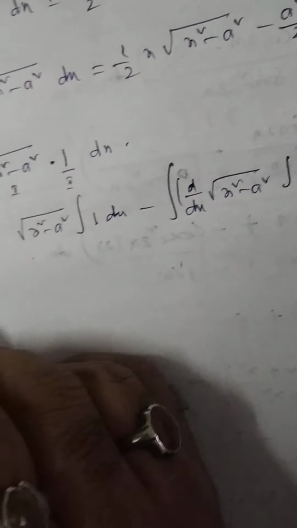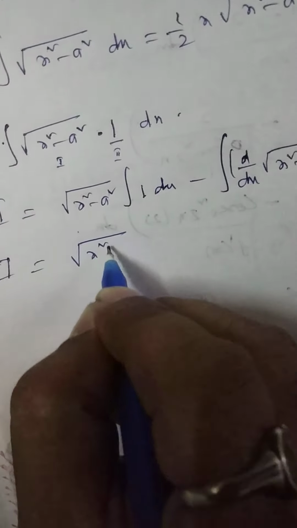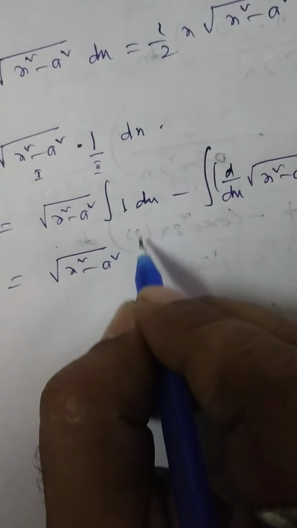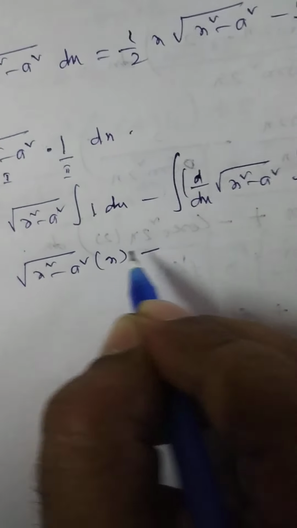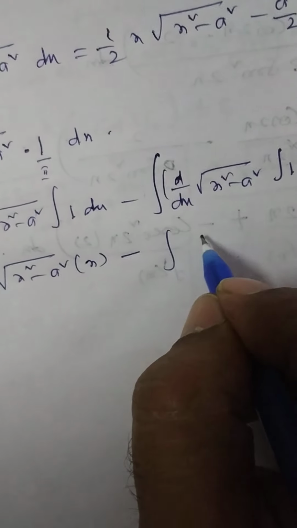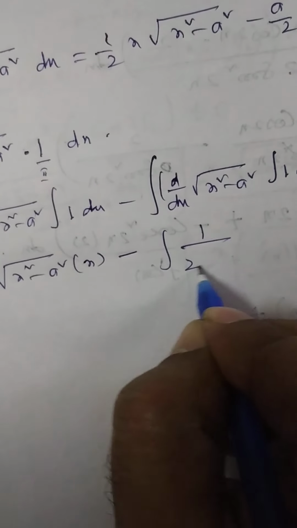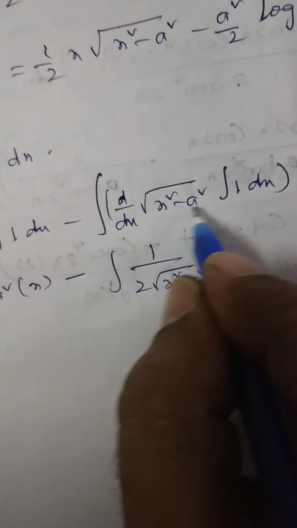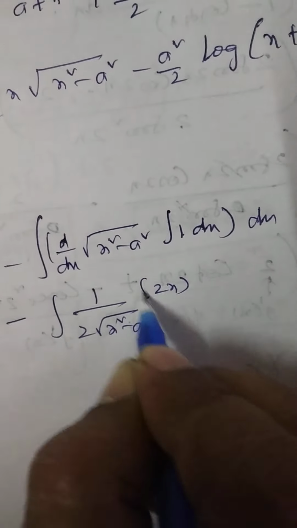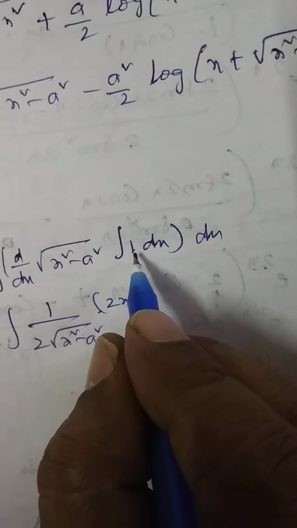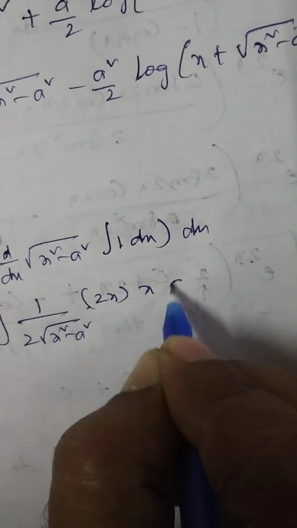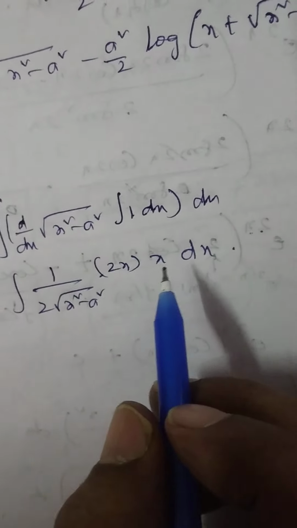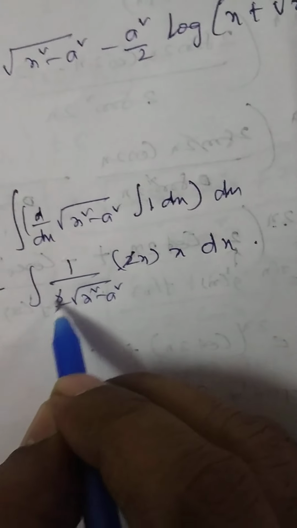So I is equal to root of x square minus a square into integration of 1 dx is x, minus integration of root x derivative is what? 1 by 2 root x square minus a square into again x square minus a square derivative, inner derivative if we do, 2x, integration of 1 dx is x dx. Okay, so here 2 we can cancel.